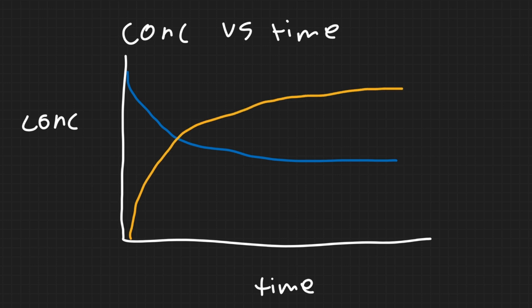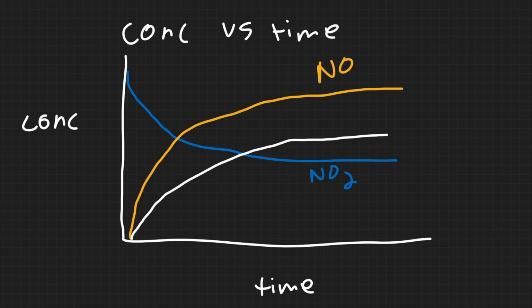There we go. So I'll say that this is my NO, and then this was our NO2. And finally, we also need to draw our other product, which was our O2. So I can draw something like this for my O2.